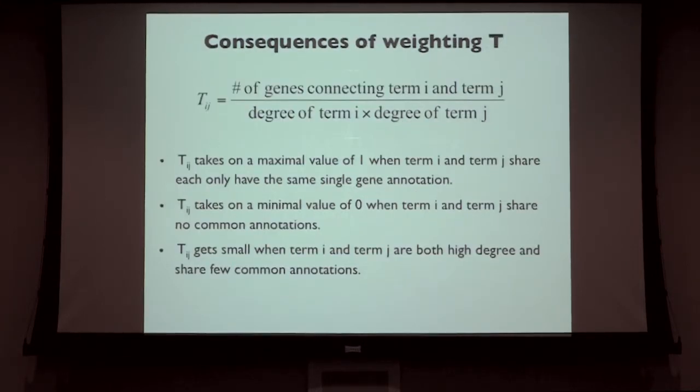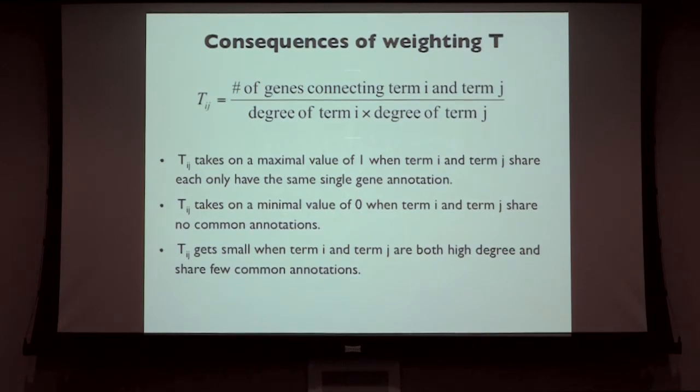So what is the consequence of this kind of weighting? How do we then interpret the links? Here we see that T_ij is going to take on a maximal value of 1 when term I and term J each only have the same single gene annotation.